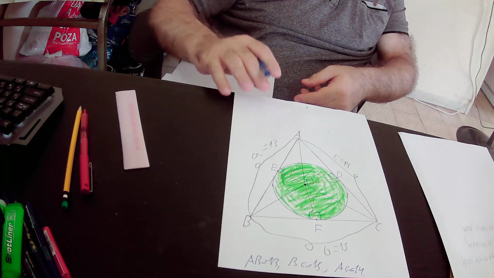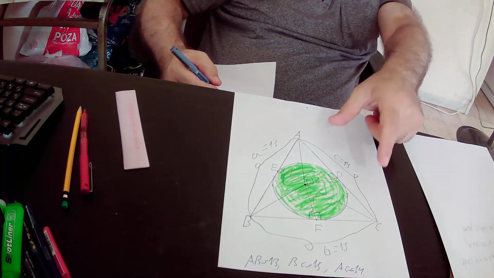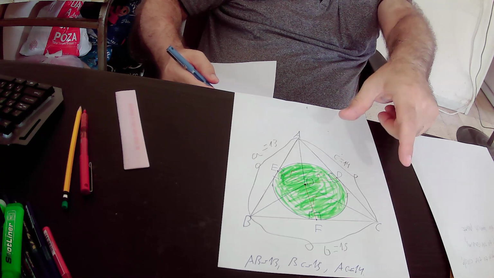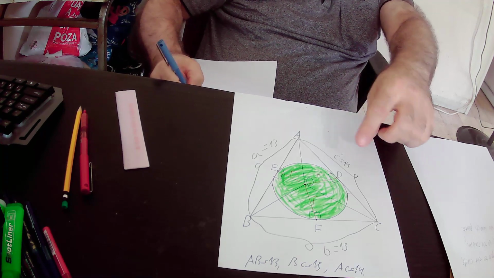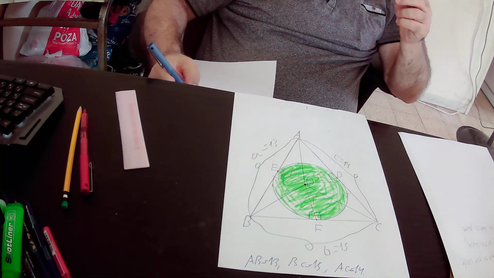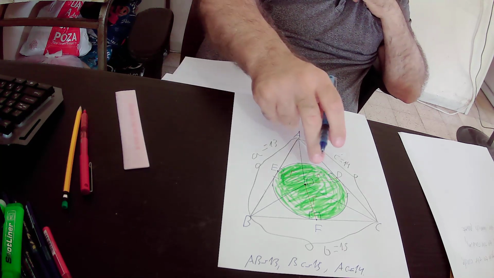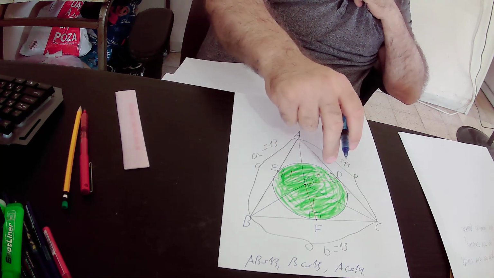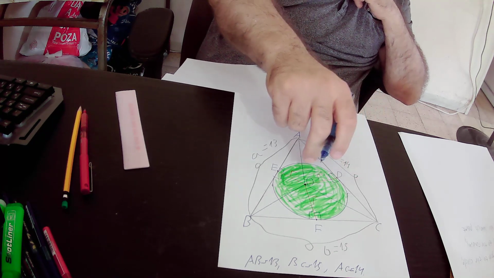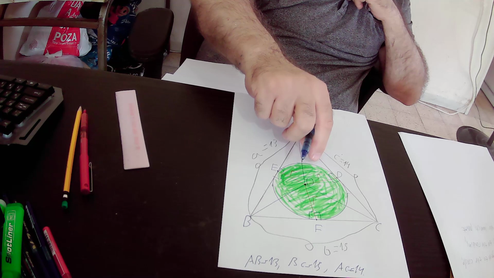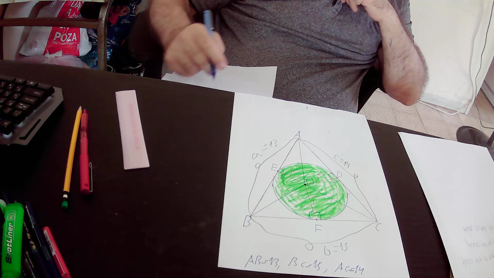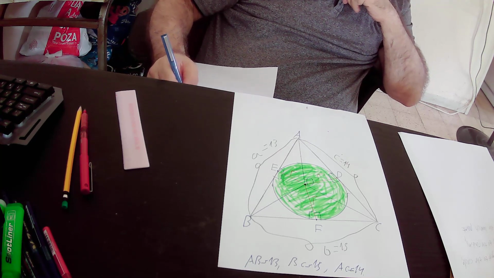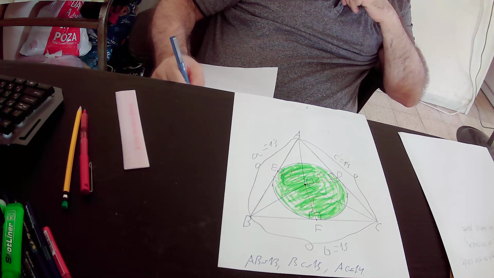The area of triangle AOC will be equal to the base of triangle AOC, that is AC, times the height to the base. The height to the base must create 90 degrees with the base AC, so the height is the radius of the green circle, because the radius creates 90 degrees with the base. So it is the base AC times the height, that is the radius of the green circle, over 2.